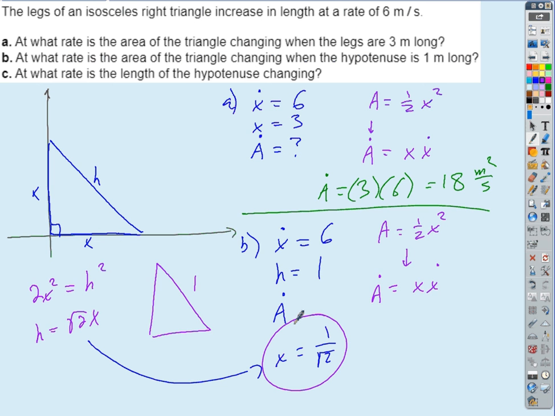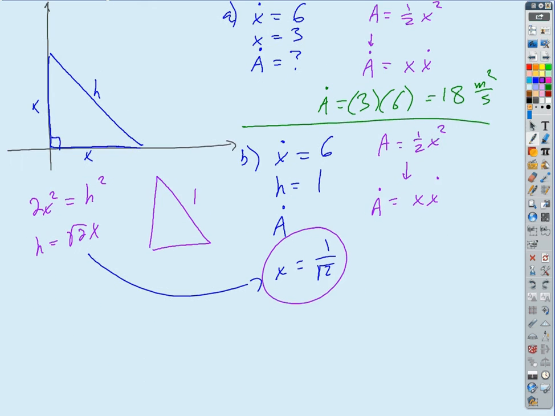Remember, these are two different pictures that we drew, right? This picture up here that had the variables in it represents the changing triangle, because we've got the x and the h in there as variables. But this picture down here is a snapshot, right?